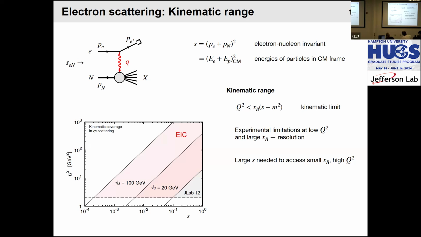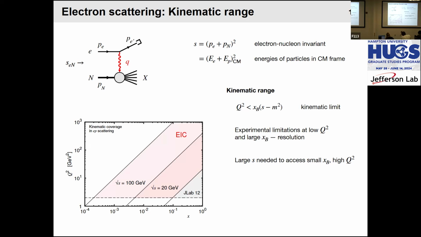So for a given center of mass energy S and a given value of X Bjorken, the value of Q square is limited by this expression here, X Bjorken times S minus M square. So this is just kinematics. I mean, you can easily do this calculation yourself. It's a nice exercise with four vectors and scaling variables.